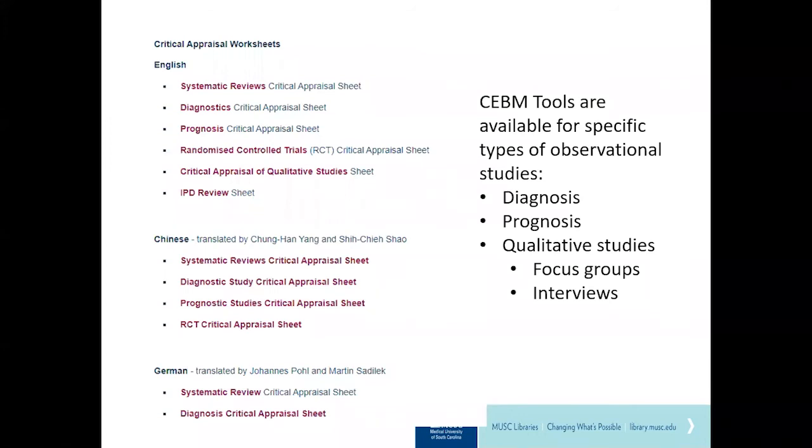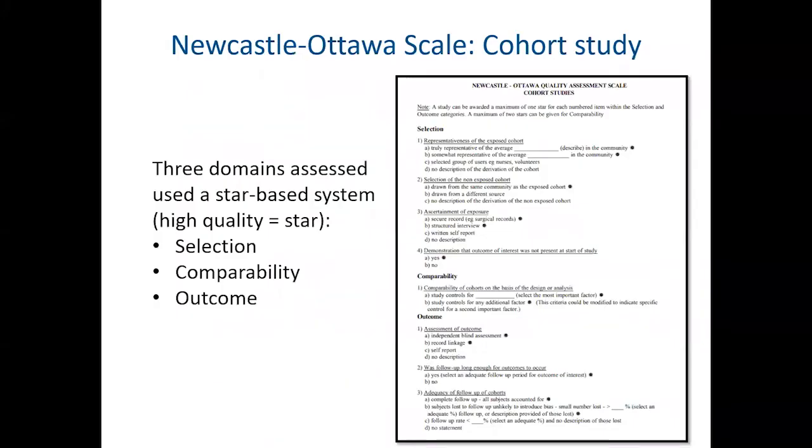The Center for EBM has multiple tools for appraising observational studies, and appraisal tools for diagnosis, prognosis, and even qualitative studies like focus groups and structured interviews can be used. An alternative tool for appraising observational research is the Newcastle-Ottawa scale.